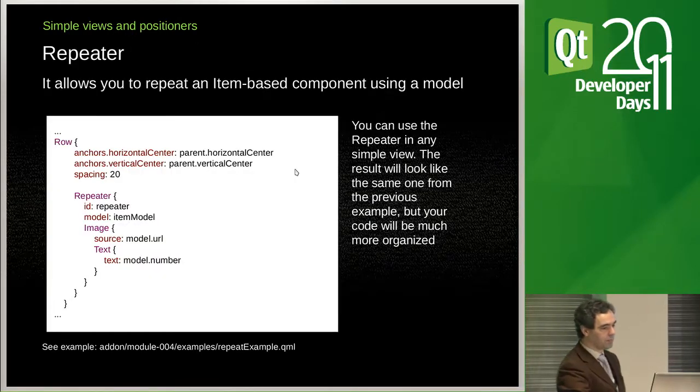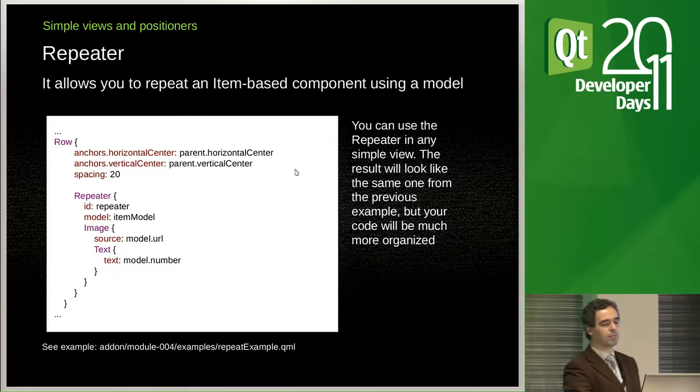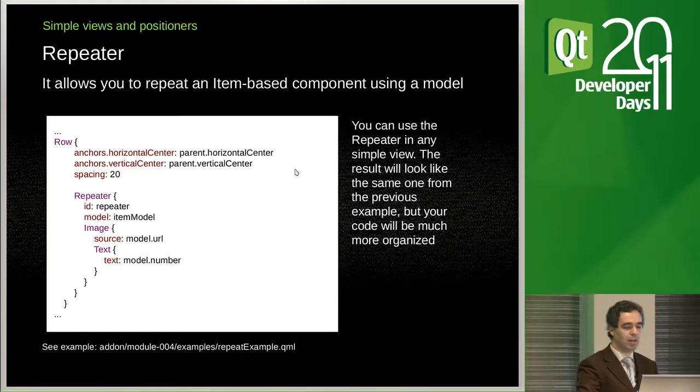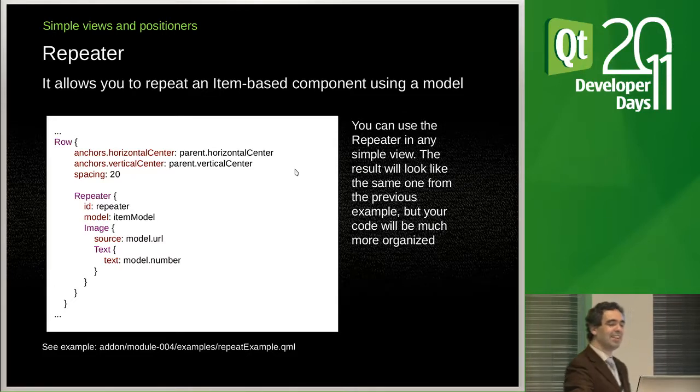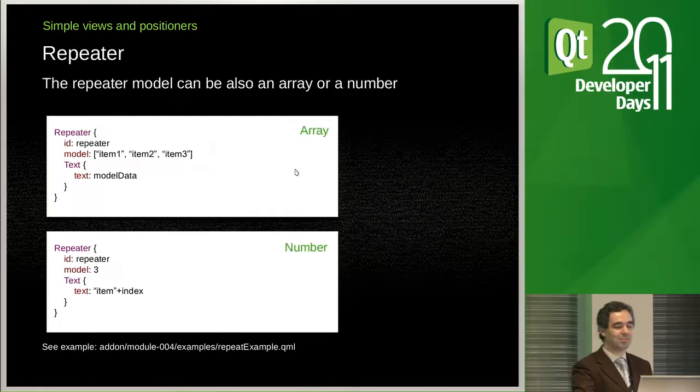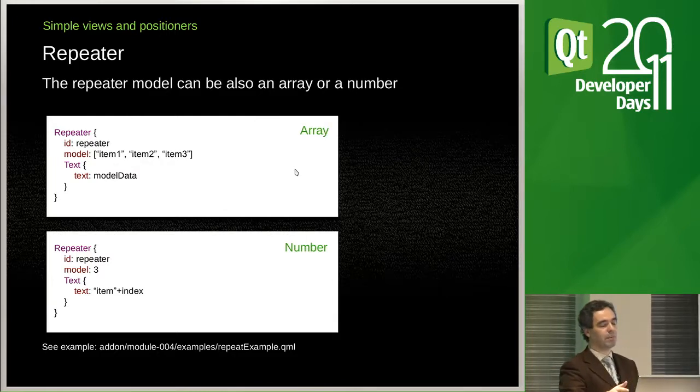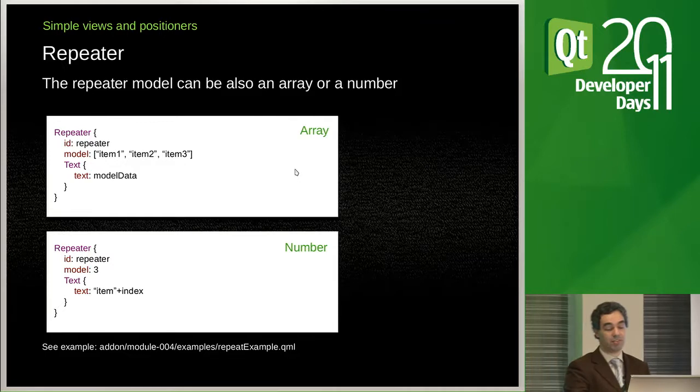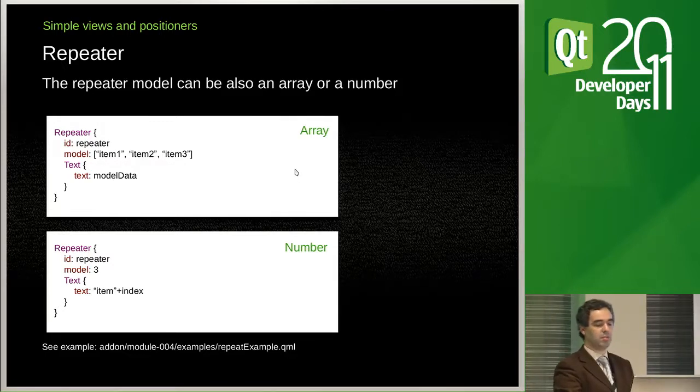Repeater. The repeater, well, repeats the thing. And it can repeat arrays and numbers. The model part of repeaters is kind of interesting, because sometimes a model can be an array, sometimes it can be a number.